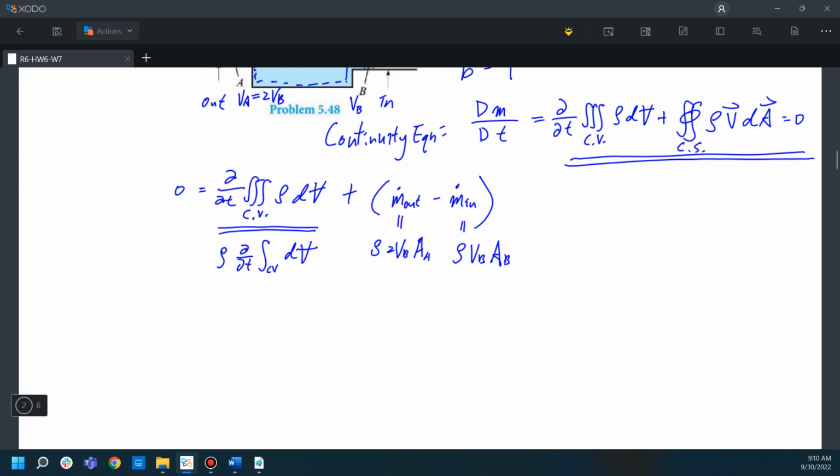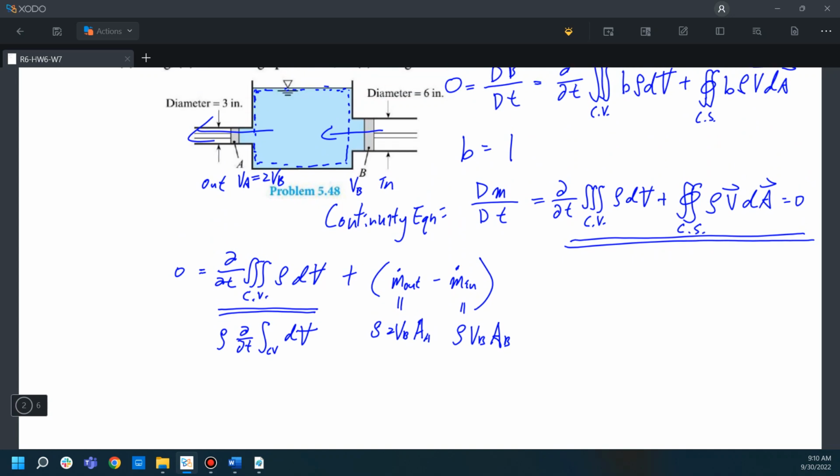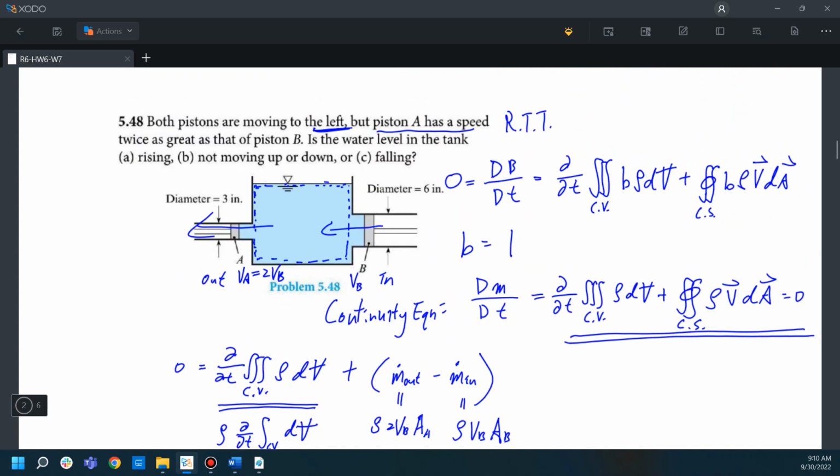And this volume is equal to the area of this control volume times the height of this control volume. The height is h, let's say.